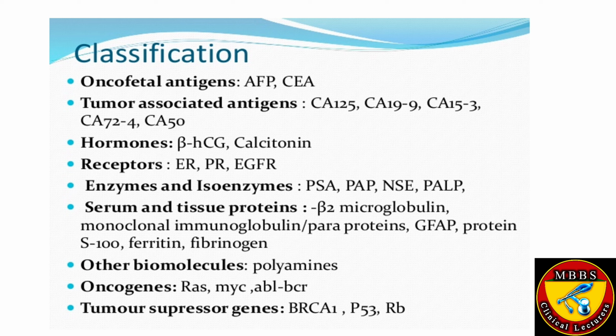And the third one is the hormones like beta-HCG and calcitonin. Beta-HCG is a very important marker in uterine malignancy, while calcitonin is related to the parathyroid hormones. In patients with these tumors, we usually see high levels of beta-HCG and calcitonin.